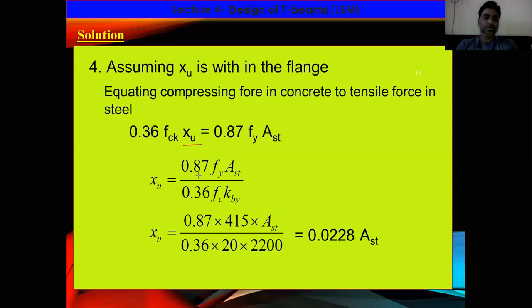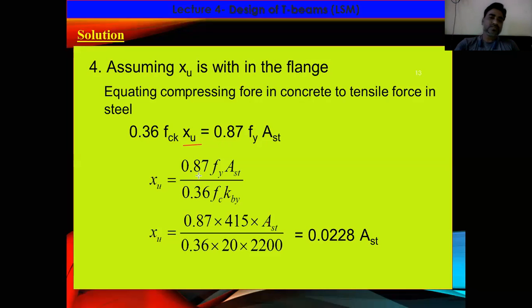Before starting, we don't know where the neutral axis is placed. As I told earlier, you need to assume whether it is within the flange or within the web, right? For the time being, for easy calculation, I would like to assume that the depth of the neutral axis is within the flange, right?